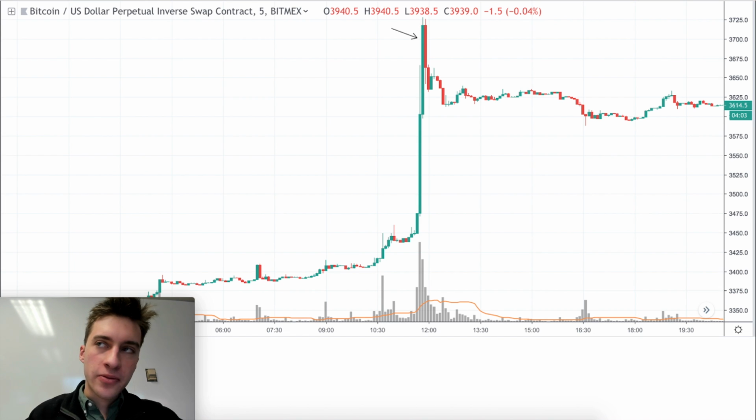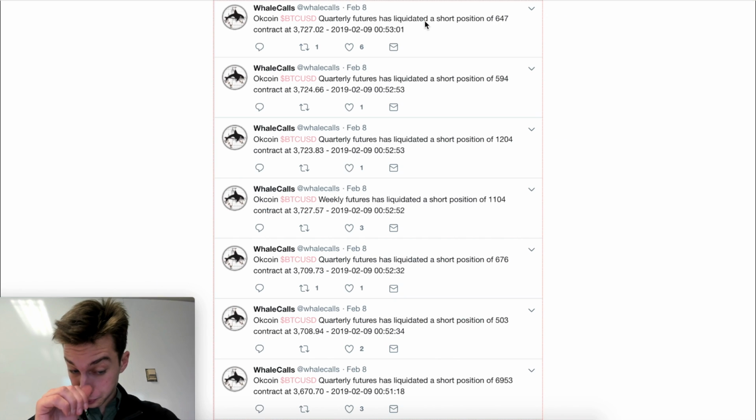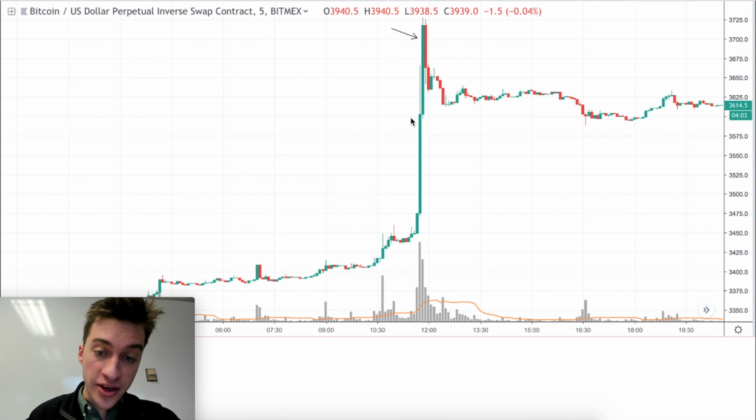I actually found that so many more liquidations occurred on this 5-minute candlestick. That green 5-minute candlestick had many more liquidations occur than this 5-minute candlestick here that actually covered much more price ground. This one went from about 34.75 to about 36.50 on BitMEX.